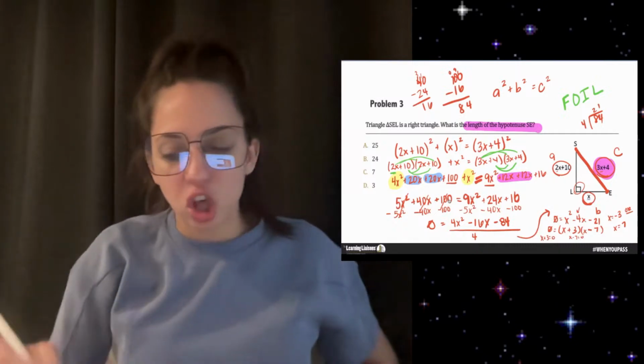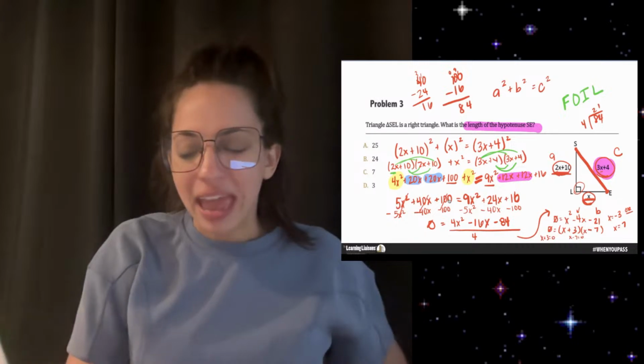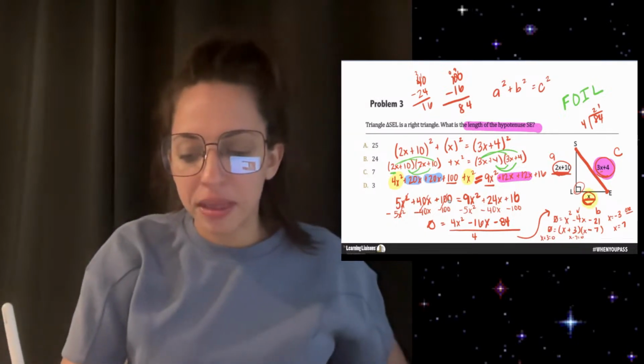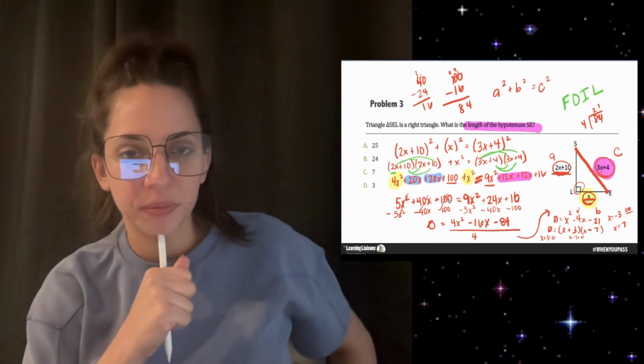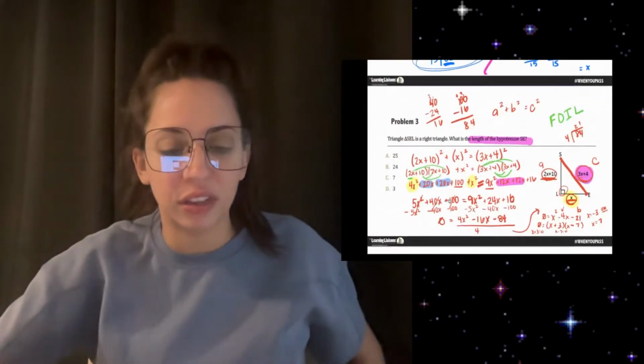However, that x also represents this right here and this right here. And this right here cannot be a negative number. This x cannot be a negative number. I can't have a negative length.